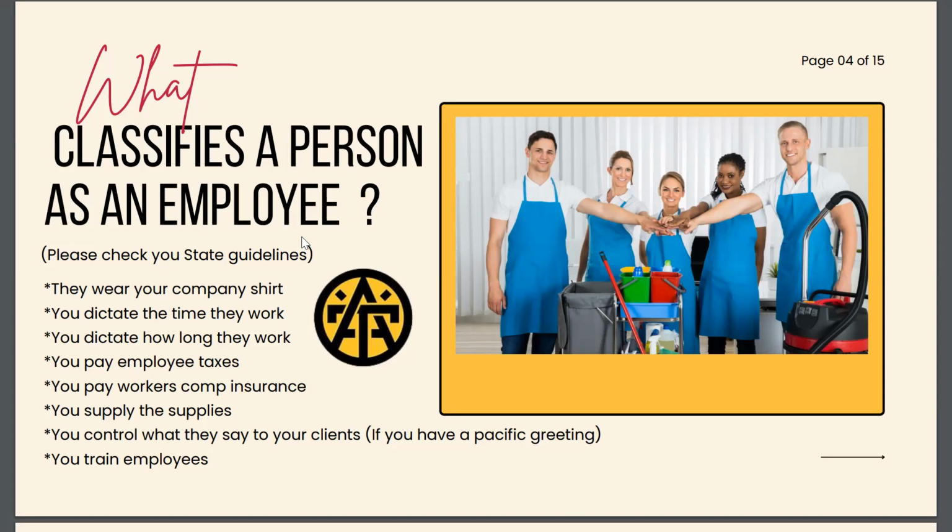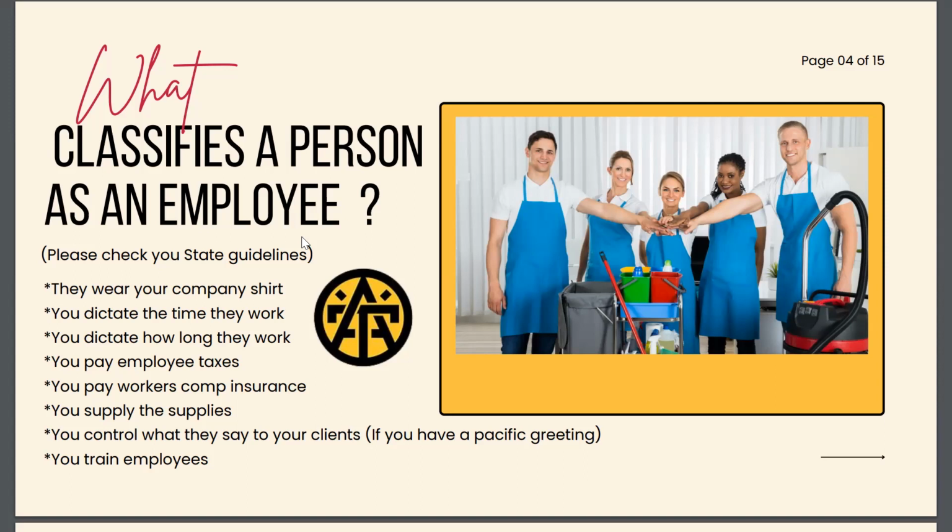Employees, you have to pay employee tax. There's no way around it. Employees, you have to pay workers' comp insurance. There's no way around it. Employees, you will buy your employees' supplies. You will control what your employees say.